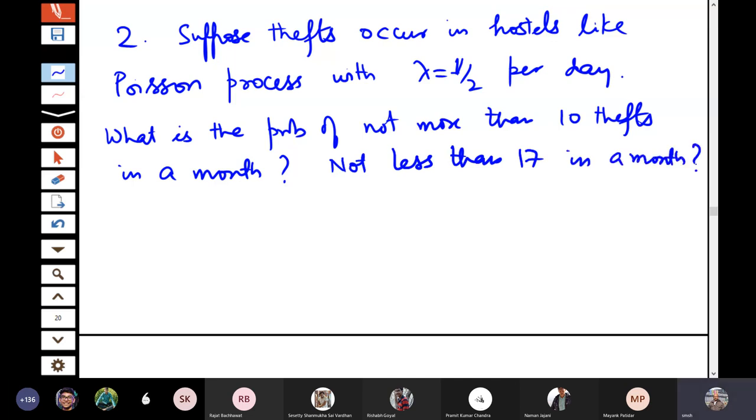So I am asking some questions. What is the probability of not more than 10 thefts in a month, not less than 17 in a month, and so on.